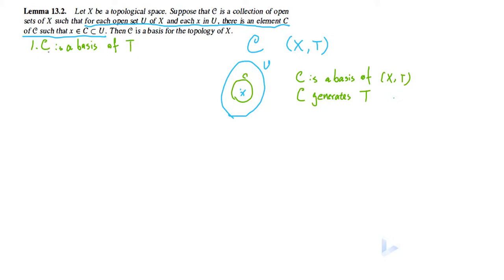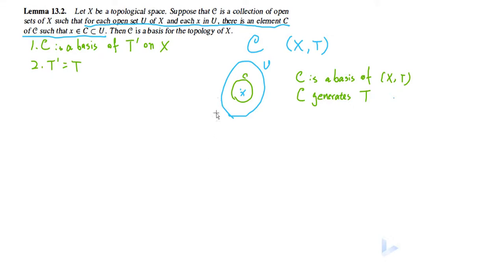So at least C is a basis of a T prime on X. And then, because we want to prove that C is a basis of the T, we need to prove T prime is actually the same as T. With those two steps, we can prove this lemma.